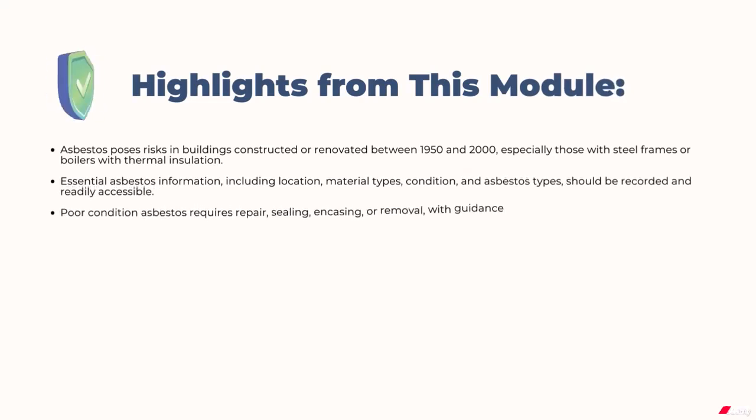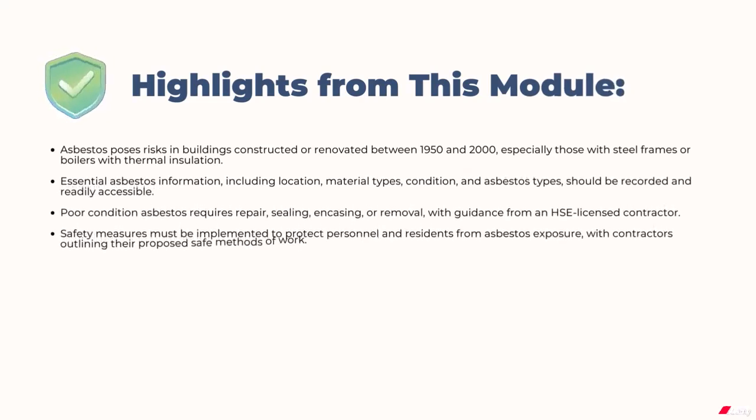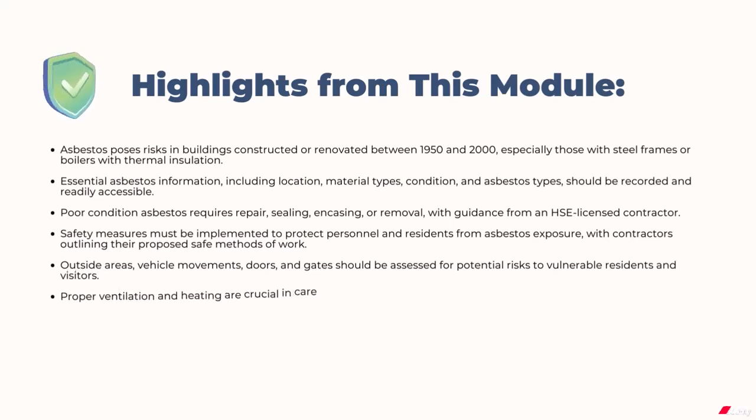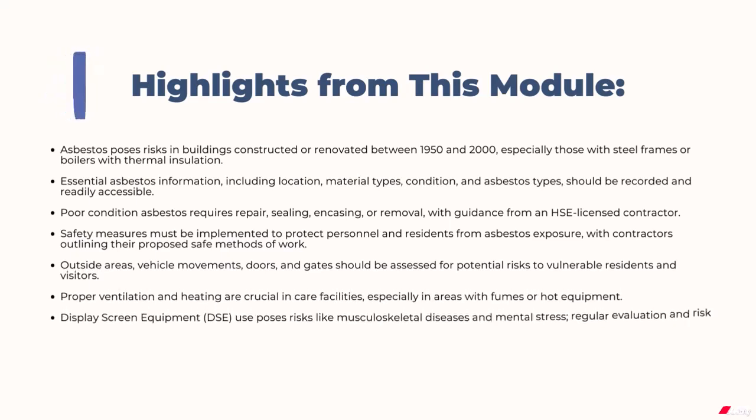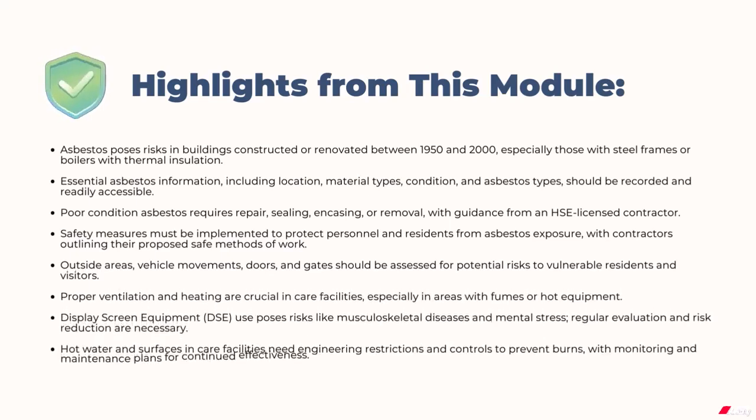Highlights from this module. Asbestos poses risks in buildings constructed or renovated between 1950 and 2000, especially those with steel frames or boilers with thermal insulation. Essential asbestos information, including location, material types, condition, and asbestos types, should be recorded and readily accessible.